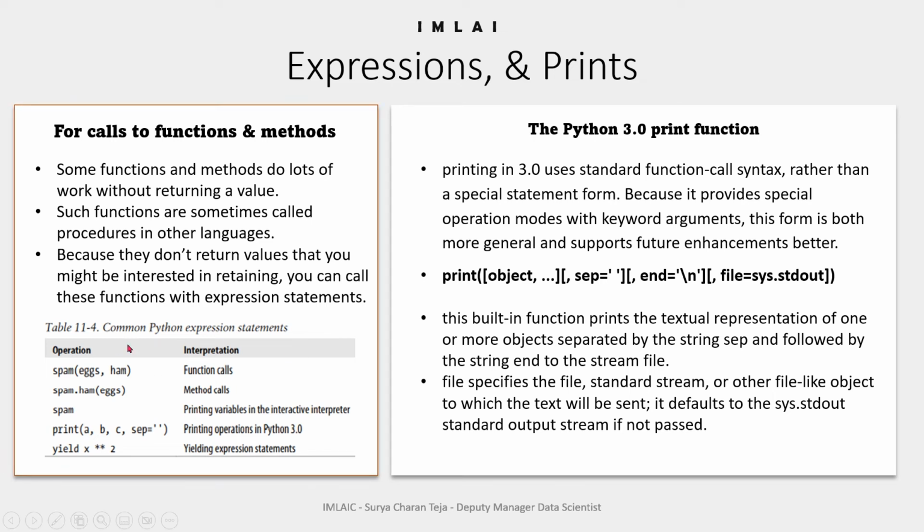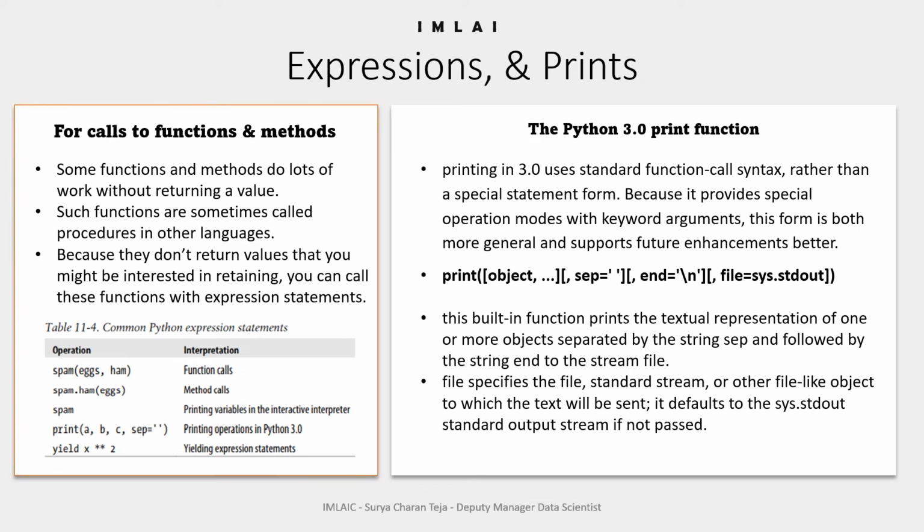Now, these are some of the examples of expression statements: function calls, method calls, and printing variables in the interactive interpreter. I'll show it to you while we do hands-on. Because there, just type one. It is an object, an int object.